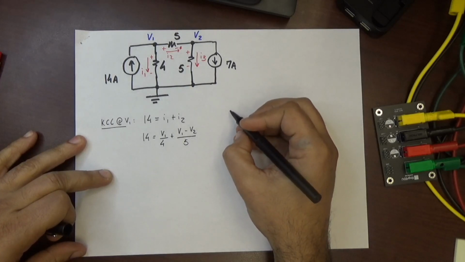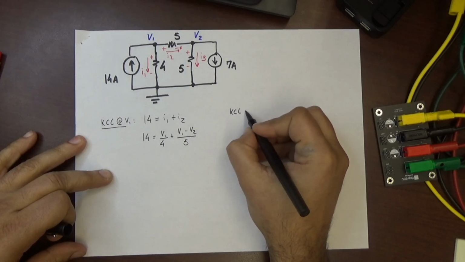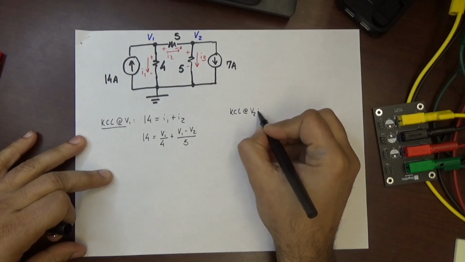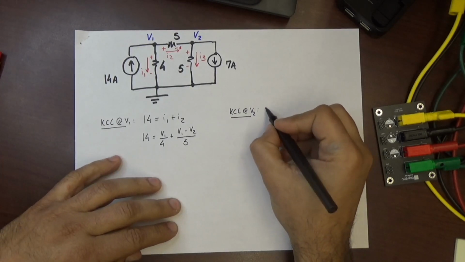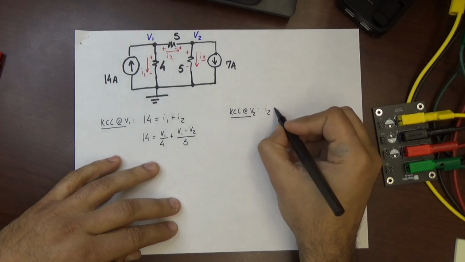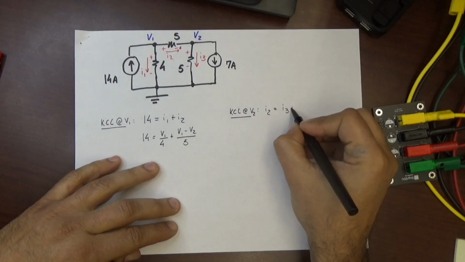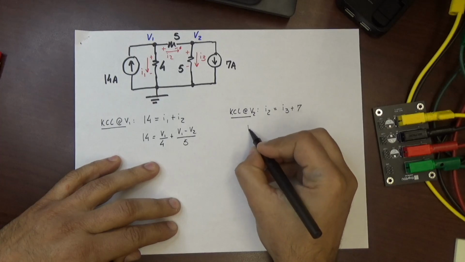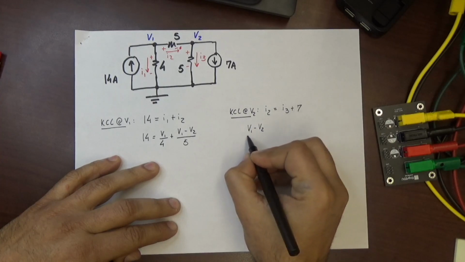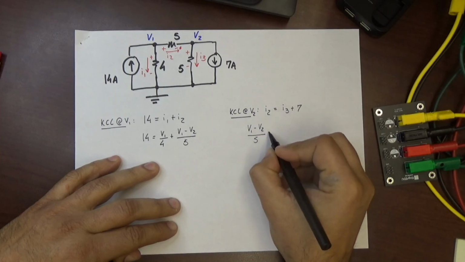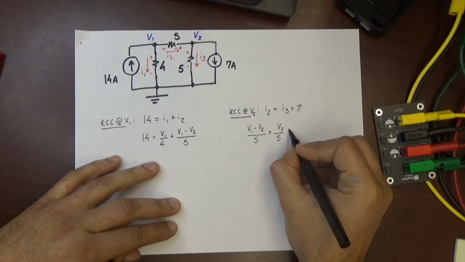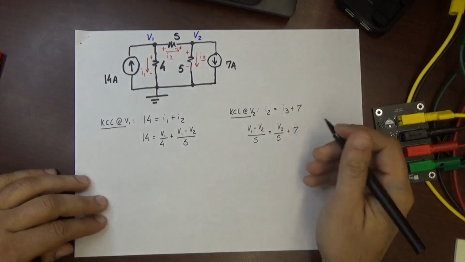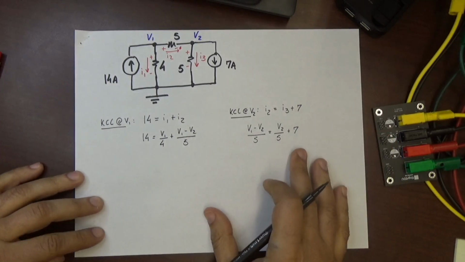I'm also going to apply KCL at node V2. On this one we have I2 entering the node and I3 and 7 amps exiting the node. Let's apply Ohm's law and you get V1 minus V2 over 5, and my I3 is V2 minus 0 divided by 5, plus 7.